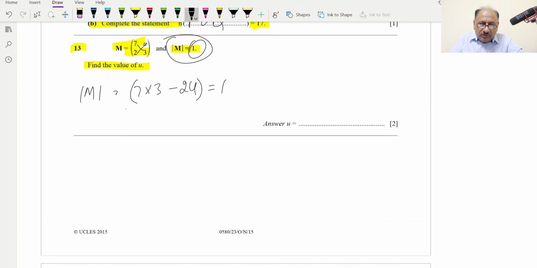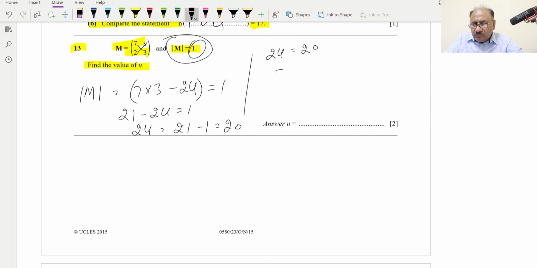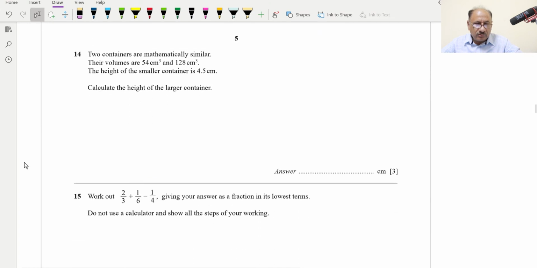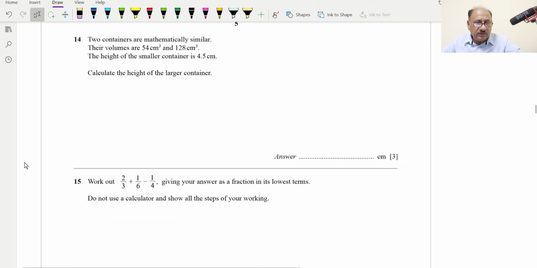So it will be 21 minus 2u is equal to 1. So 2u is equal to 21 minus 1, which is equal to 20. This implies u is equal to 10. So our answer will be 10 over here. Hopefully you understood this.